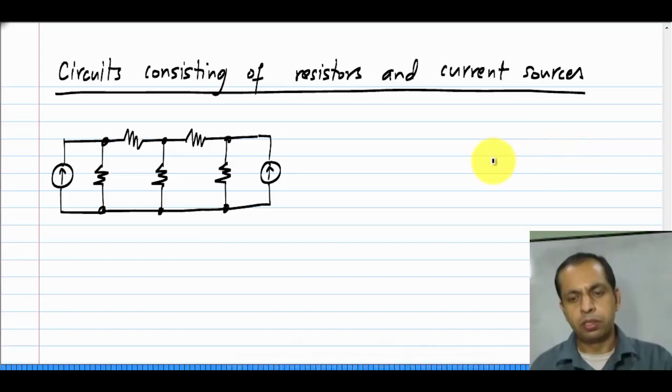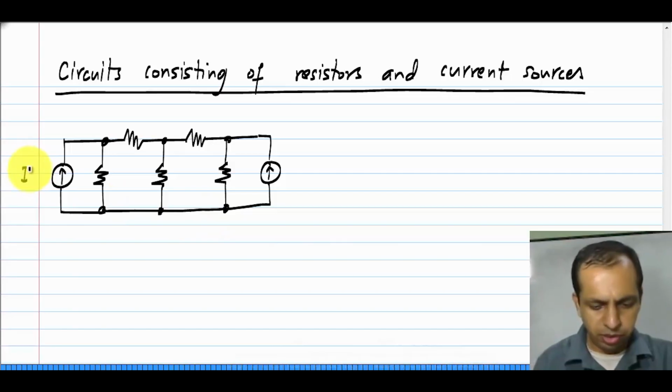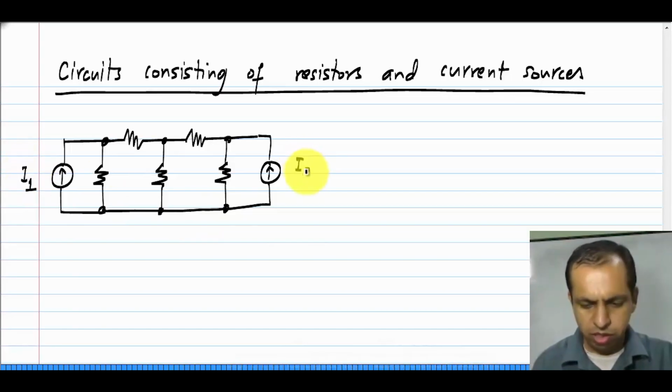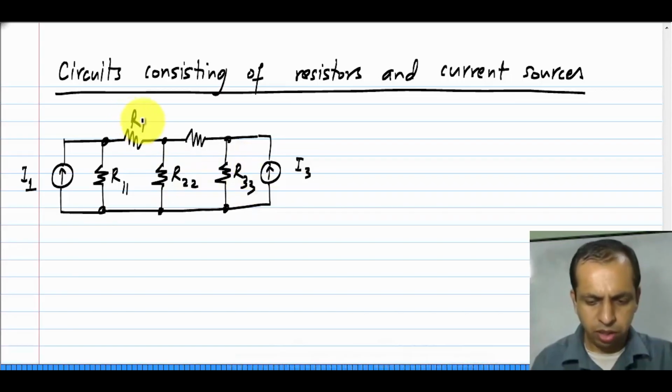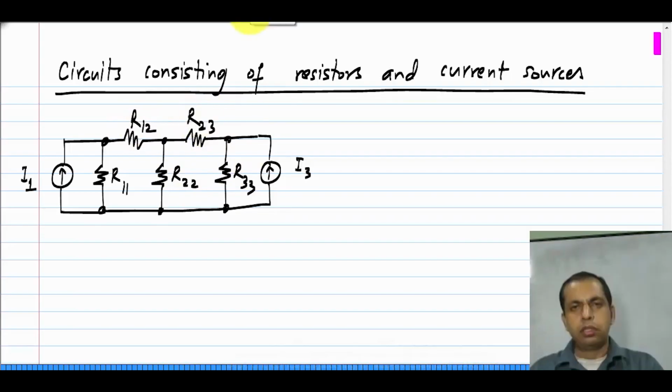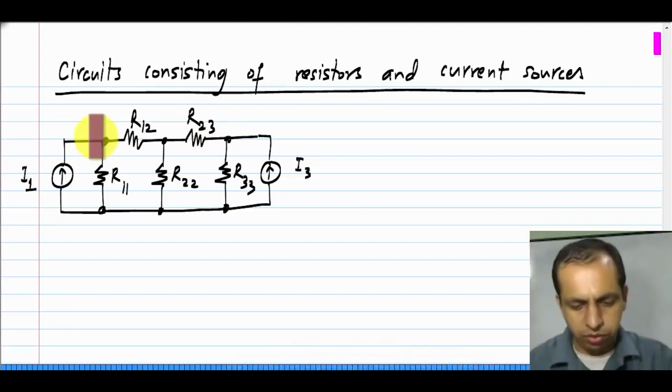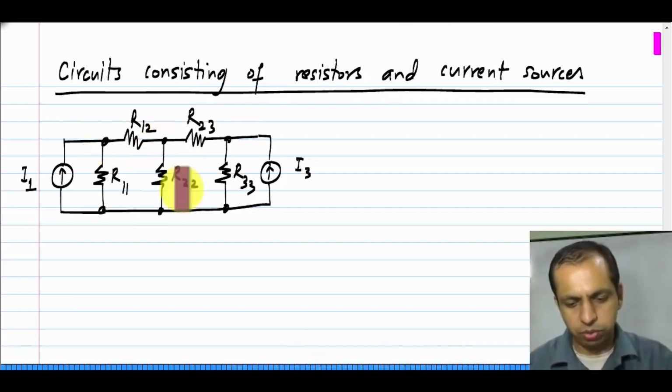I have considered a circuit with 4 nodes and a number of resistors and current sources, and let me label these I1, I3, R11, R22, R33, R12 and R23. So, now what do I write when I write KCL equations? I look at every node. There are 4 nodes here: 1, 2, 3 and 4.